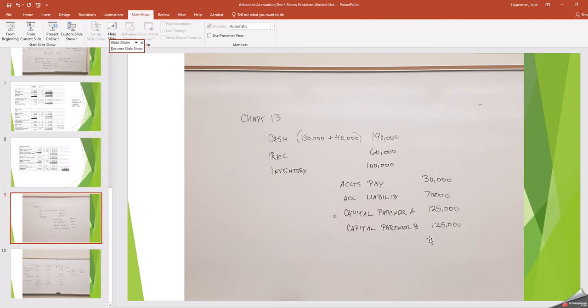So if we are going to record that, and they have to share equally, if we do the bonus method, which is what you see here, we're going to have the cash of $190,000 coming in, $40,000 that's on the balance sheet of partner A, $150,000 is what partner B has contributed.